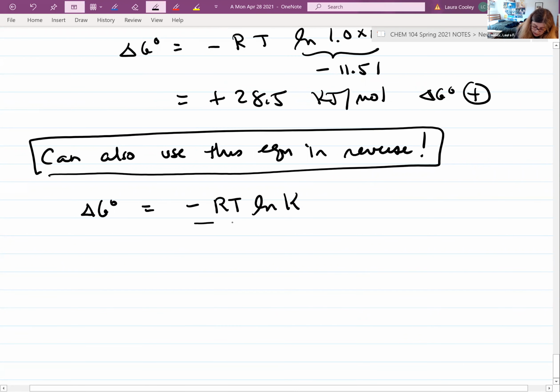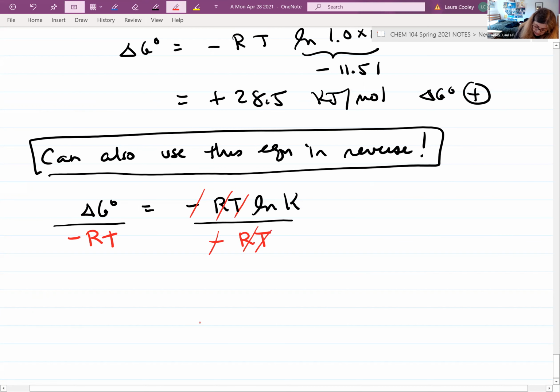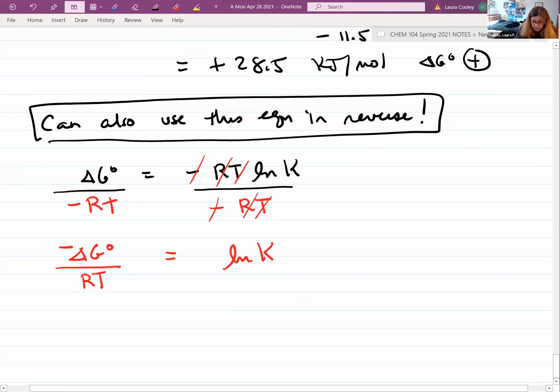We can divide both sides by minus RT, and these will all cancel out. And we'll have the natural log of K is minus delta G0 over RT. And now, how could we solve this equation? Anybody?